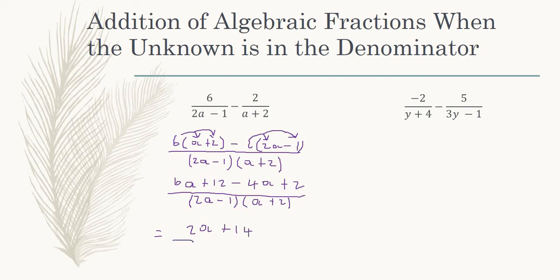And all of this should be placed over a common denominator, and we're finished. So our common denominator is going to be 2a minus 1 times a plus 2.